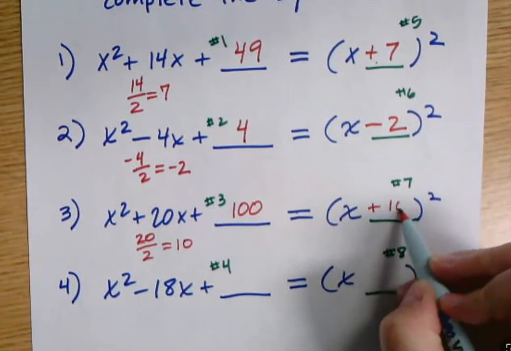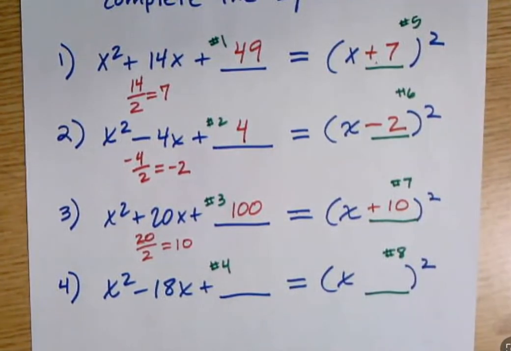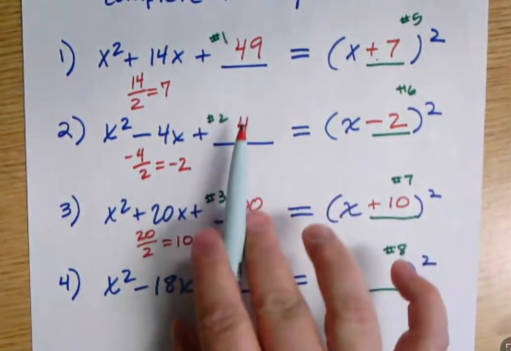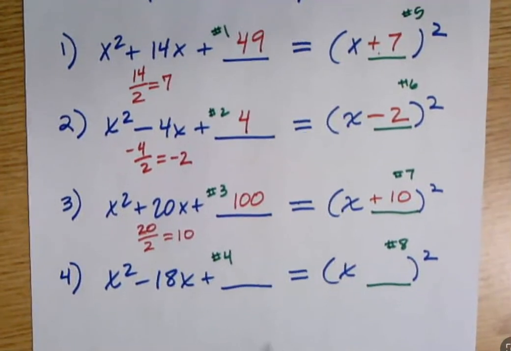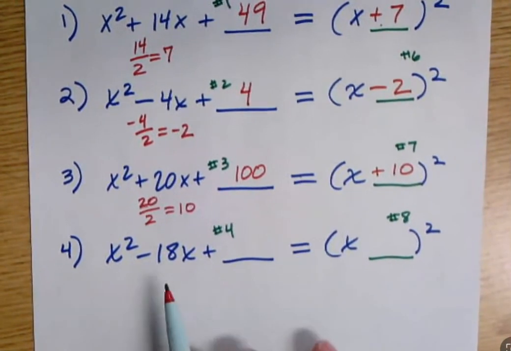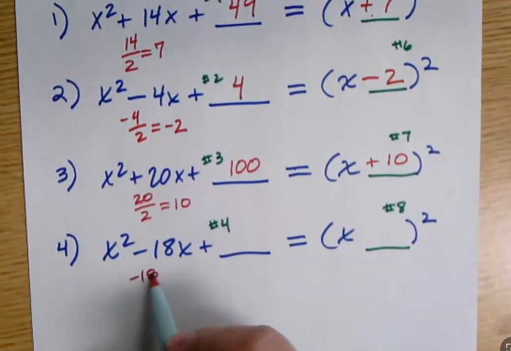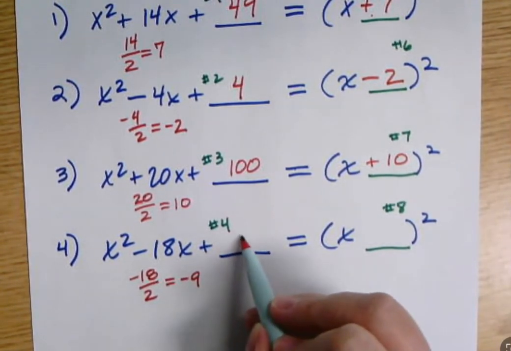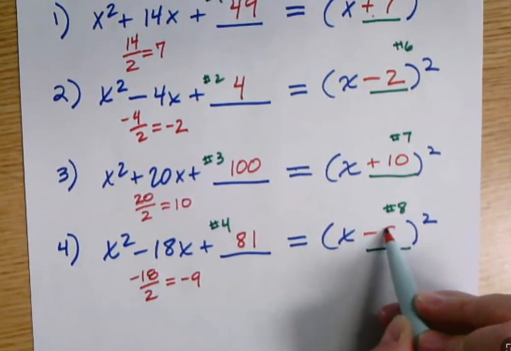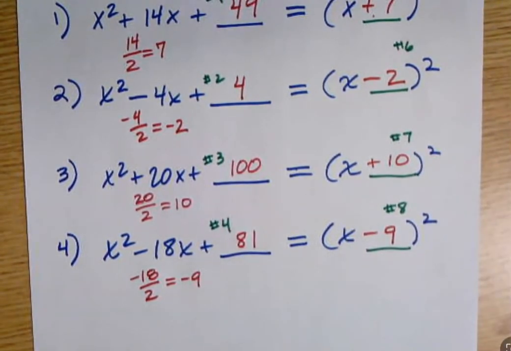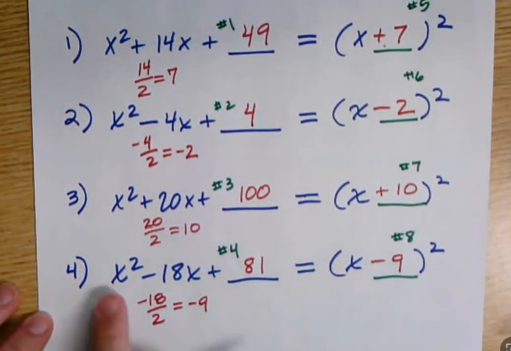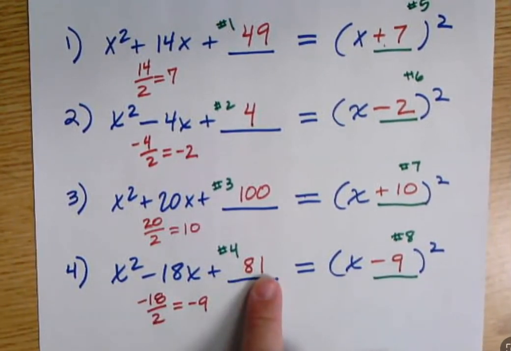It's a positive 10, so I write plus 10. So on the paper where I've asked you to number, make sure your number 1 says 49 and so on. And last but not least, half of negative 18 is negative 9. Square that, I get 81. And over here, I get negative 9. For every single one of these, if I multiply this out using FOIL or the distributive property, I will get this, every single one.